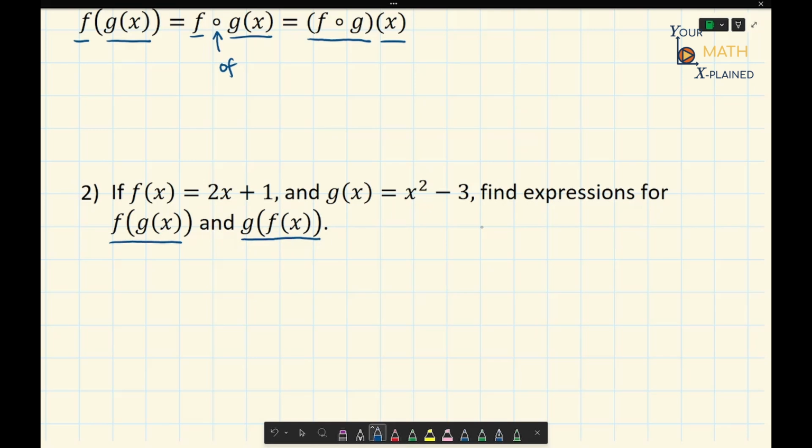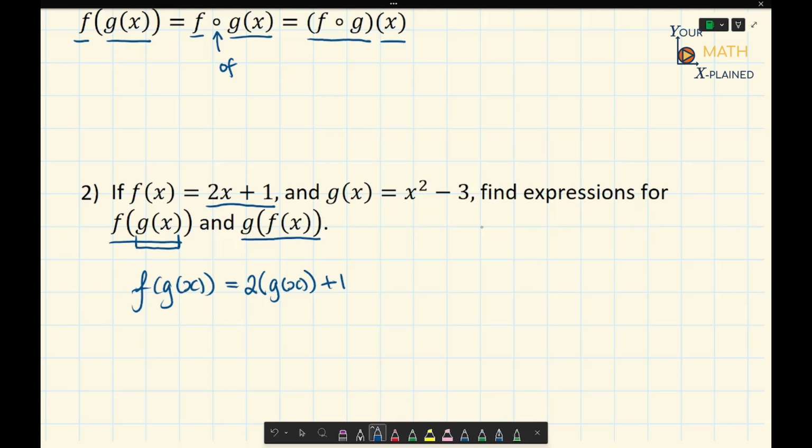Notice our input is now g of x. So we're going to start with our function f, which is 2x plus 1. But instead of our input being x, our input is now g of x. So this is going to be written as 2 times g of x plus 1.